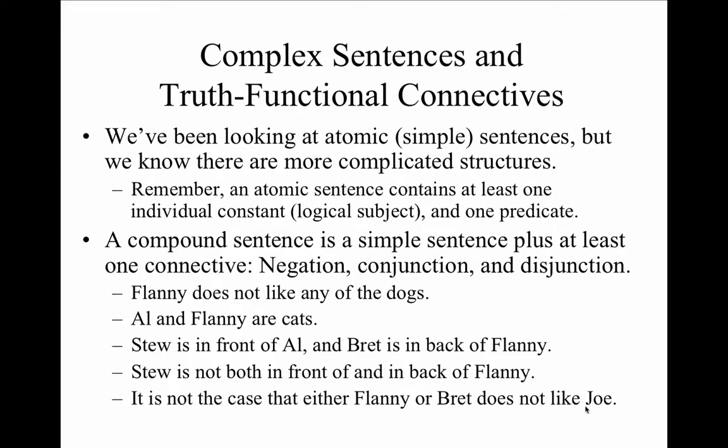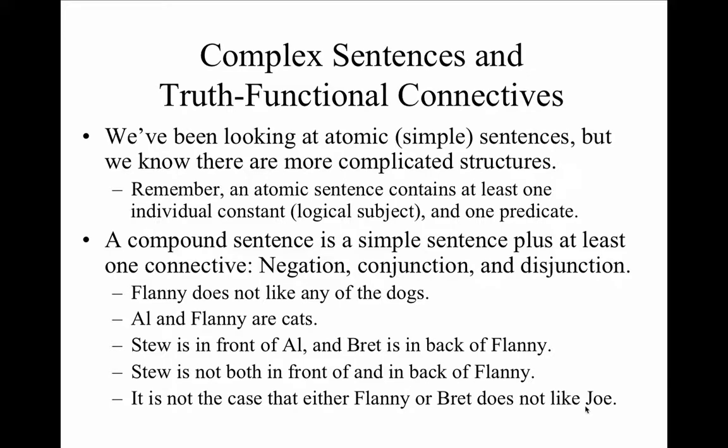So we'll take our individual constants and our predicates, and we will combine those with connectives so that we can generate more complicated sentences than we have been dealing with so far.